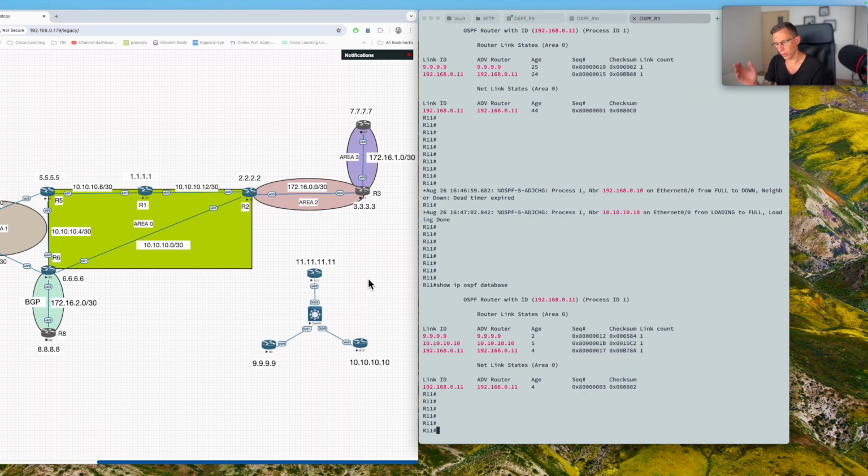Now, why is it important to configure the router ID? It is easier for troubleshooting if you know exactly which loopback belongs to which router when you're looking into the OSPF database. Also, the interface doesn't have to be included into the OSPF advertisement, so you don't have to enable OSPF for that interface to be the router ID.